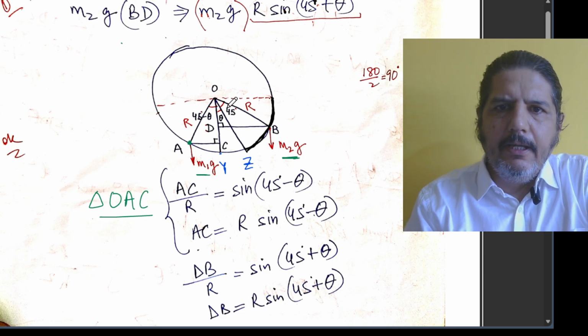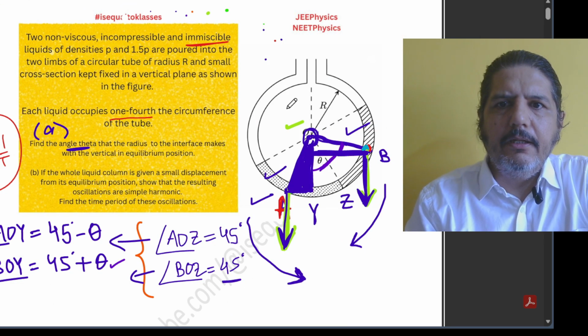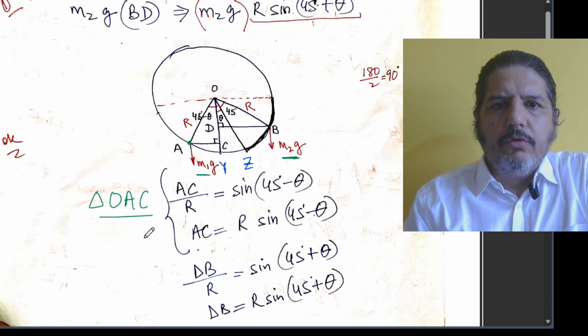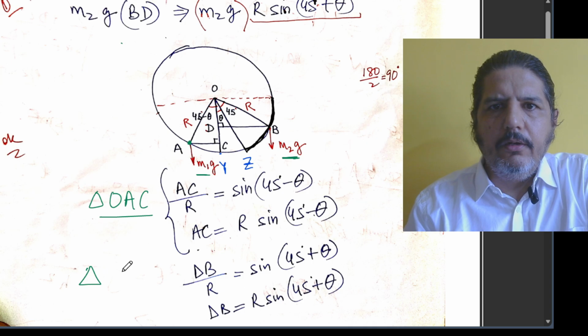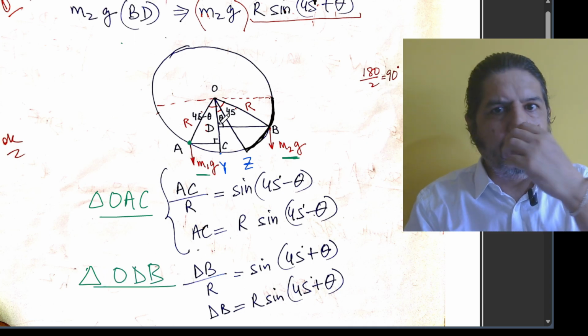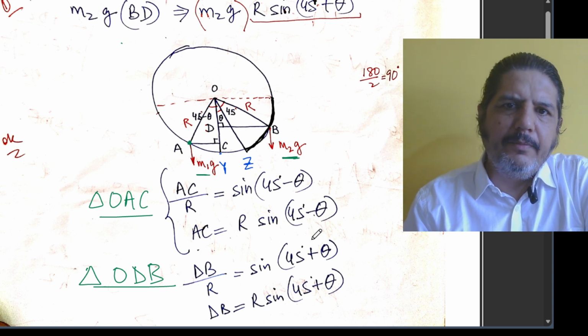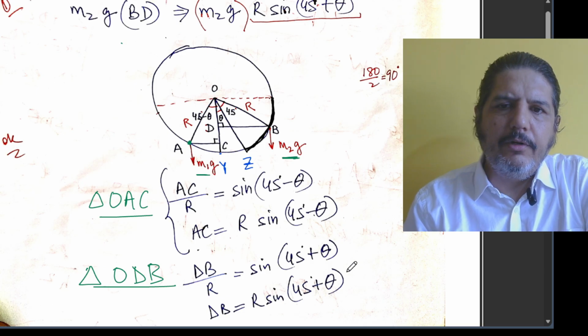Hope this is clear. Then I take this triangle ODB. In this figure, this triangle is this one. So triangle ODB, here perpendicular upon hypotenuse r is sine 45 plus theta, and therefore DB is equal to r sine (45 plus theta).